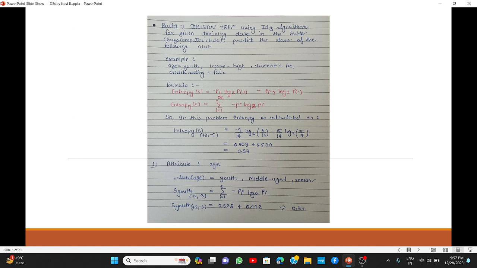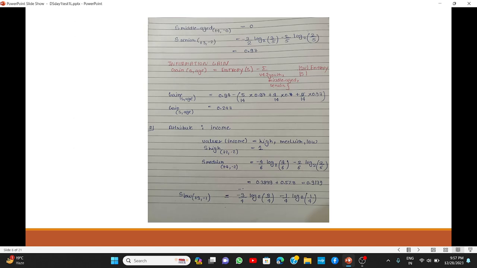Then the entropy of youth, where there are 2 yes and 3 no, is 0.97, and the entropy for middle aged, where there are 4 yes and 0 no, is 0, and if there are 3 yes and 2 no in senior, then the entropy is 0.97.